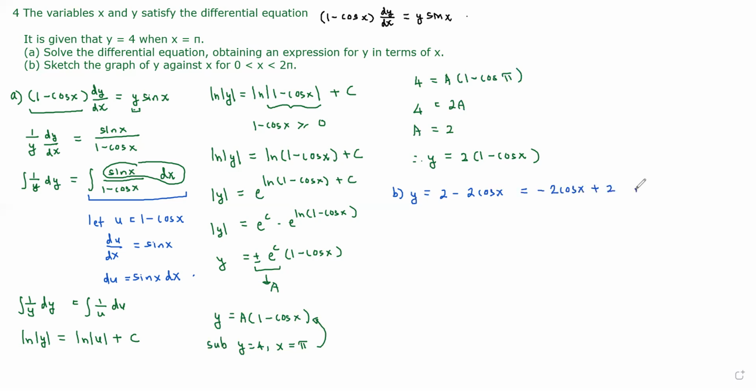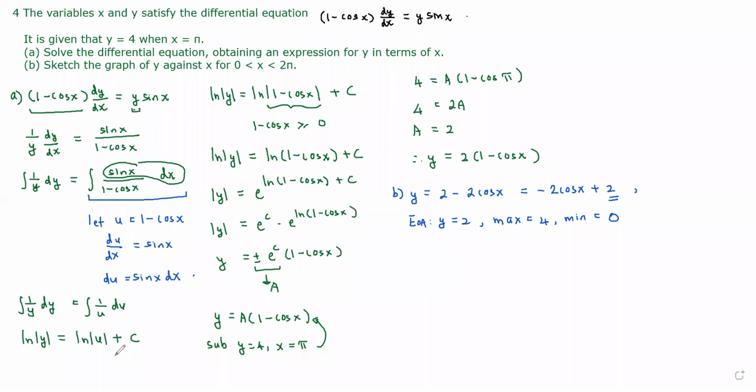So we know that the sinusoidal axis is y equals 2, the last part here, and the amplitude is 2. The maximum value of the function is 2 plus 2, which is 4. The minimum value of the function is 2 units below the sinusoidal axis, which is 0.